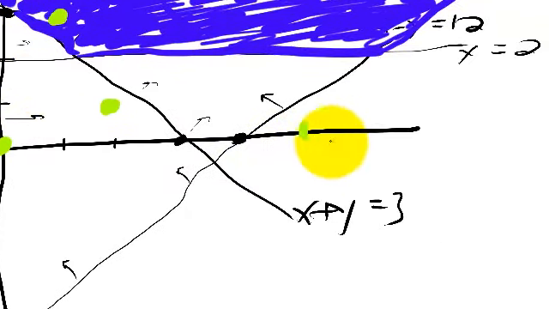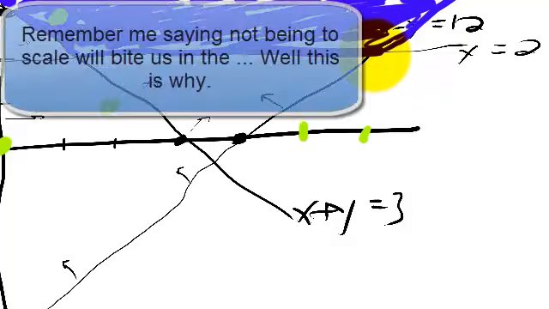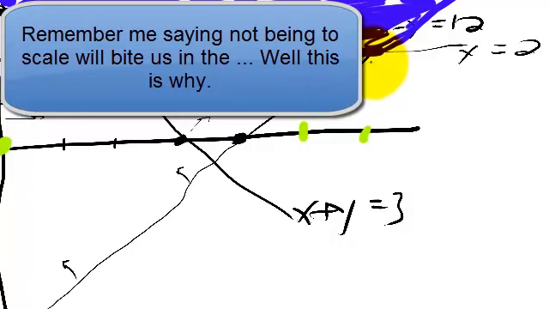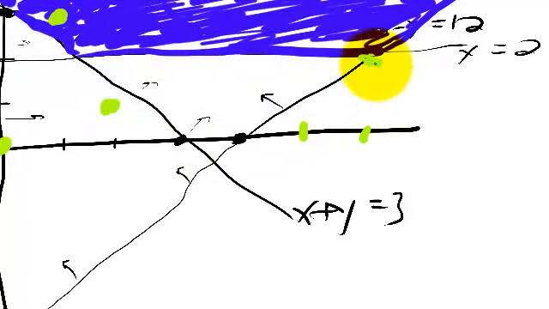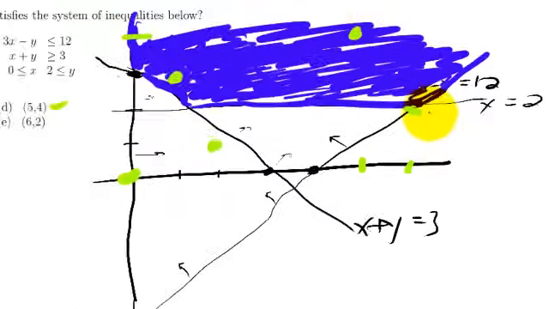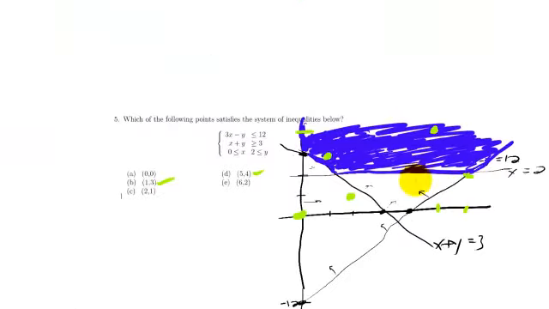And then 6, 2. Oh, that gets us pretty close. Now it actually looks like it's on the line. 1, 2, 3, 4, 5, 6, 2. It looks like it's on the line. Why don't we just go and check to see if it works.